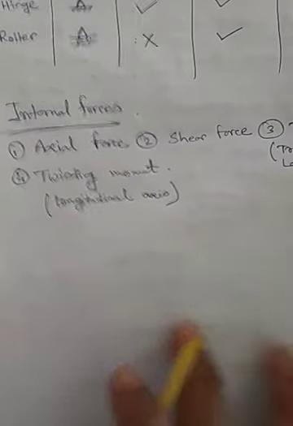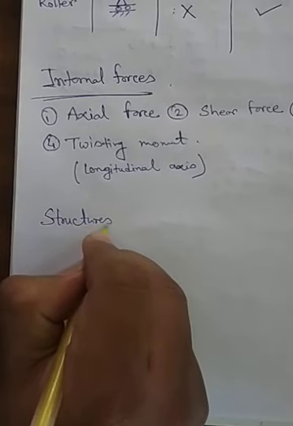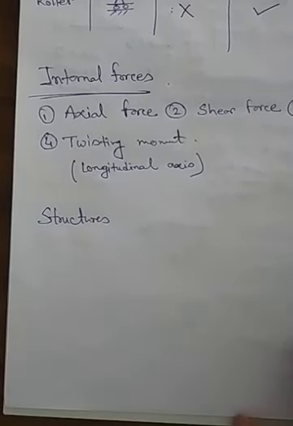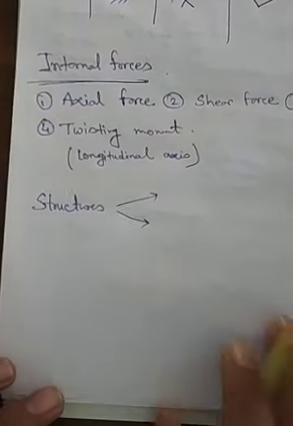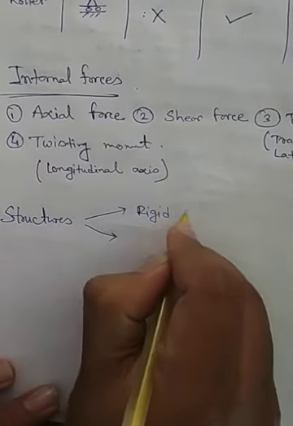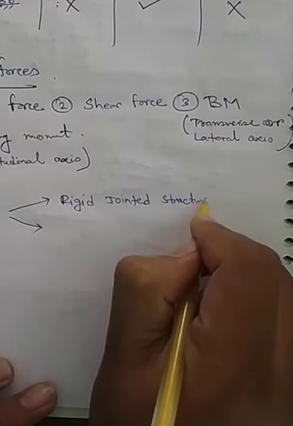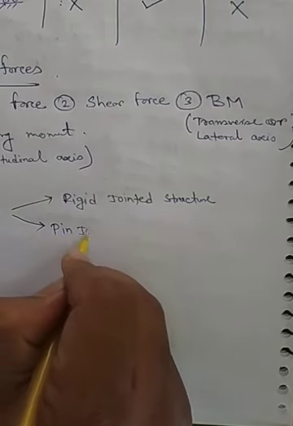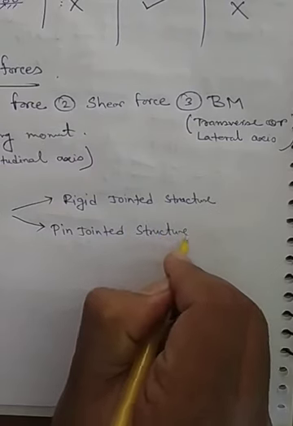And next thing, structures. What type of structures are we dealing with? They are broadly classified into two parts. One part is rigid jointed structure, and number two is pin jointed structure.